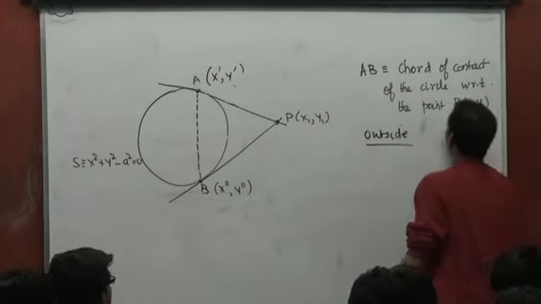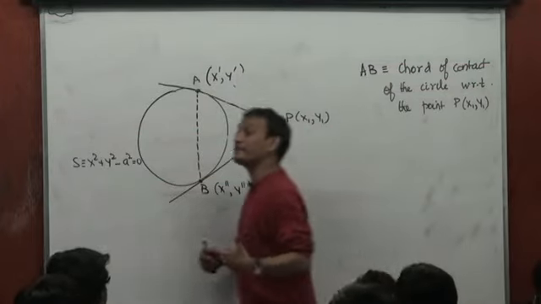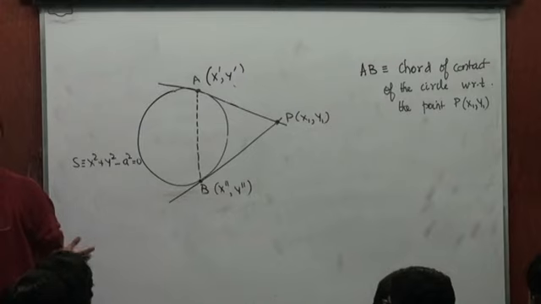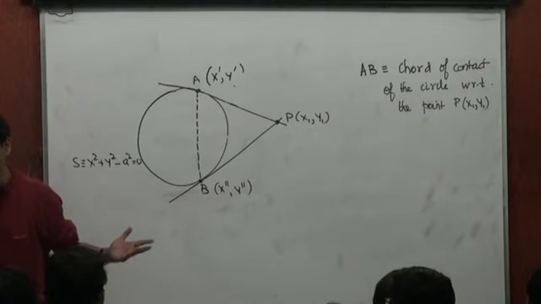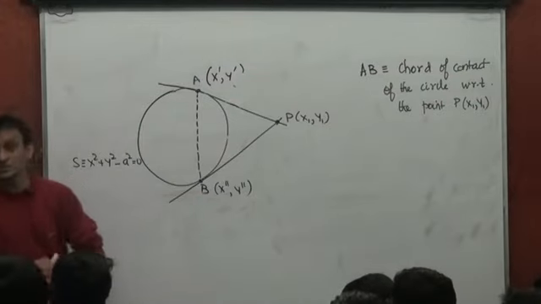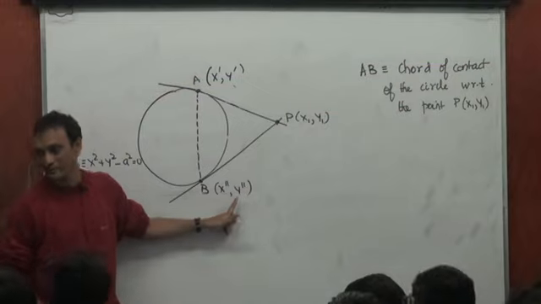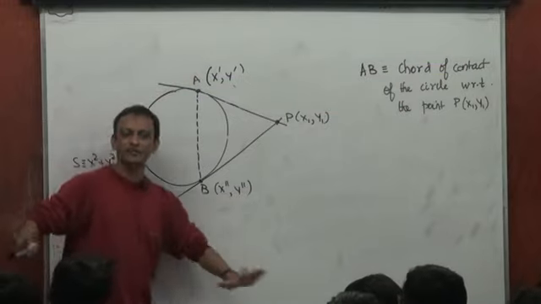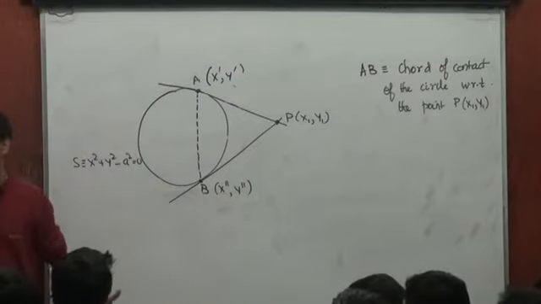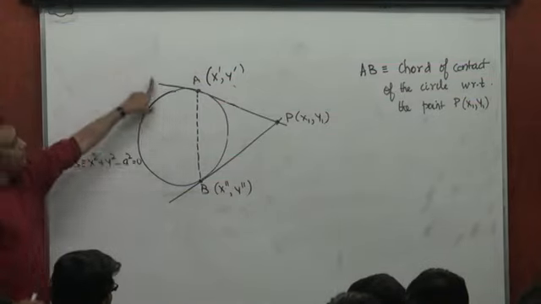Okay. Now, let's try and find out the equation of the chord of contact. How great it would have been if we actually knew x prime y prime and x double prime y double prime, in which case, given 2 points, you can readily find the equation. Unfortunately, we don't know. So then, what is AP?